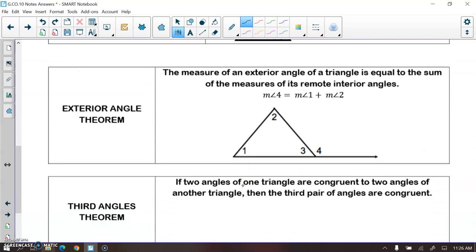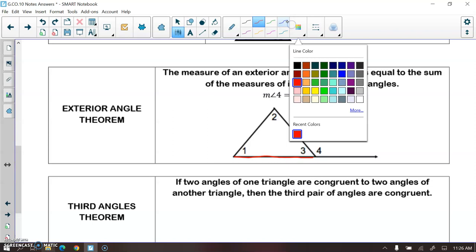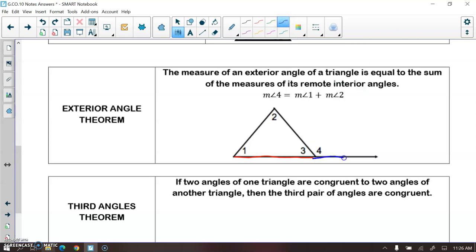All right, the Exterior Angle Theorem states that the measure of an exterior angle of a triangle is equal to the sum of the measures of its remote interior angles. So an exterior angle happens when you extend a side of a triangle. So I took this side of my triangle, and I just extended it out, which created this angle here, angle 4.